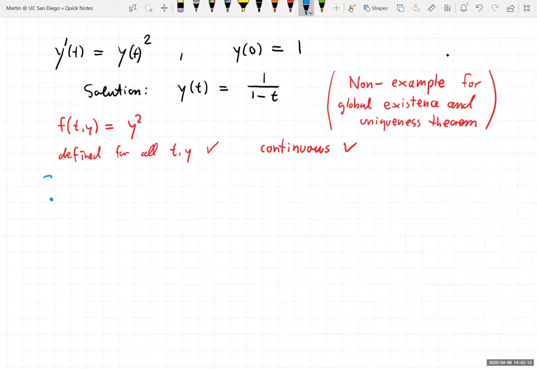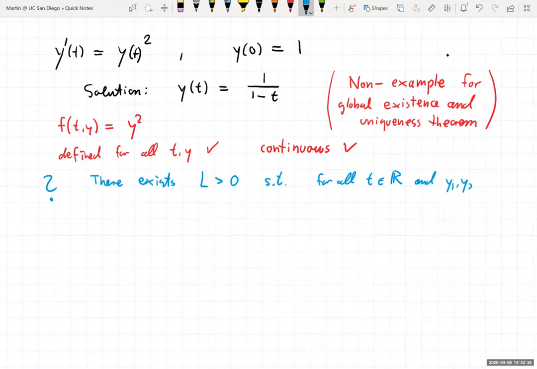But now the question is, does there exist L greater than 0 such that for all times t and y1, y2, we have that the absolute value of f of t, y1 minus f of t, y2 is bounded from above by this constant L times the distance of y1 and y2.